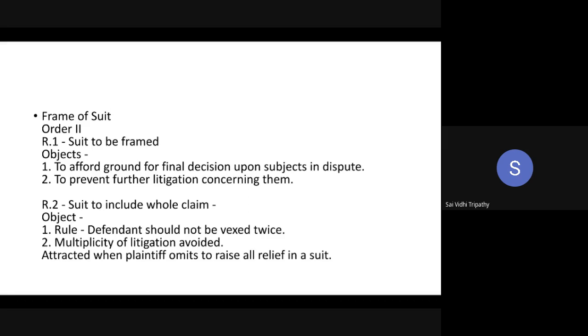So basically, whatever claim you have, or whatever relief you have, basically, claim means relief. Whatever relief or reliefs you are claiming, all of such reliefs, as the case may be, must be claimed at once. That is what Order 2, Rule 2 says. It says that the suit is to include the whole claim of the plaintiff in respect of a cause of action.